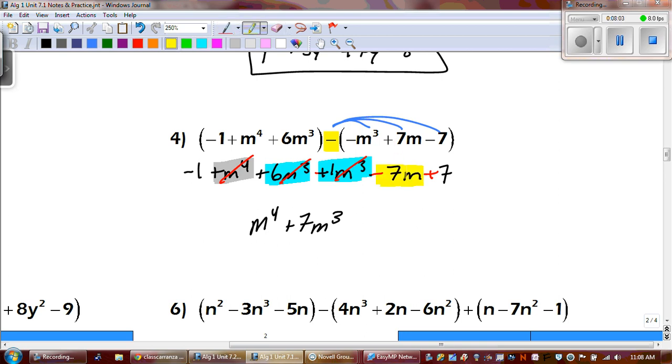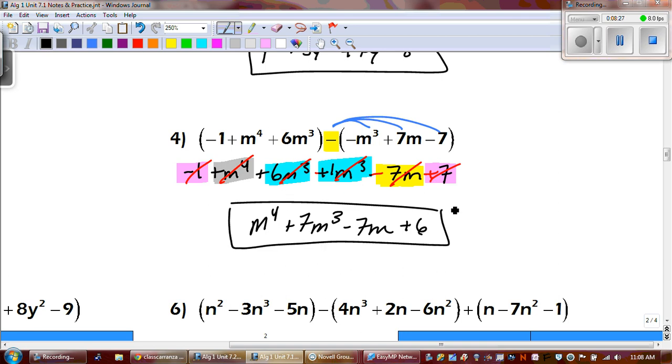Our next term, the -7, well, there's nothing else, so that just stays -7m. And then last, -1 plus 7 gives me +6. And then I've crossed everything out, which means I've used it all. Those are not like terms, so we're done.